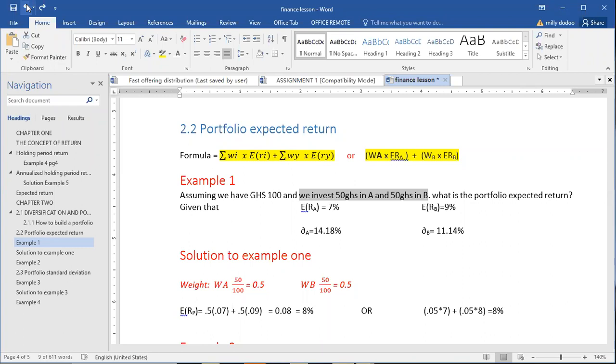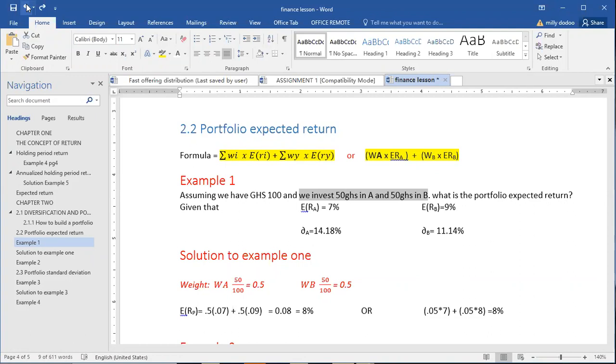In probability terms, the total weight should be equal to 1. So when the weight is not given and the investments are 10, I can divide 1 by 10, and I'm going to get 0.1 for all the 10 investments. That is going to be the weight.